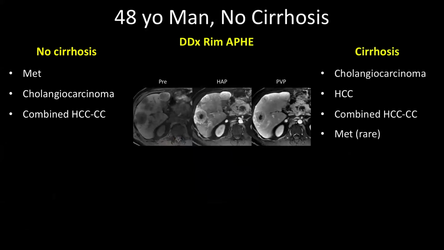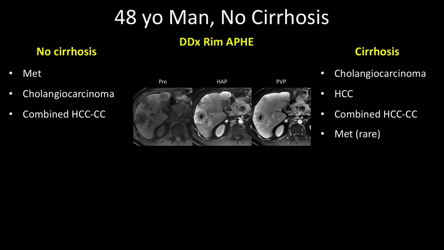So no cirrhosis versus cirrhosis. Notice that these two differentials are very, very similar. We've just rearranged things. So without cirrhosis, metastasis becomes number 1. With cirrhosis, cholangiocarcinoma becomes number 1, and metastasis becomes the least common. But they otherwise have a very similar combination of things. And notice that HCC is not part of the differential diagnosis of no cirrhosis.